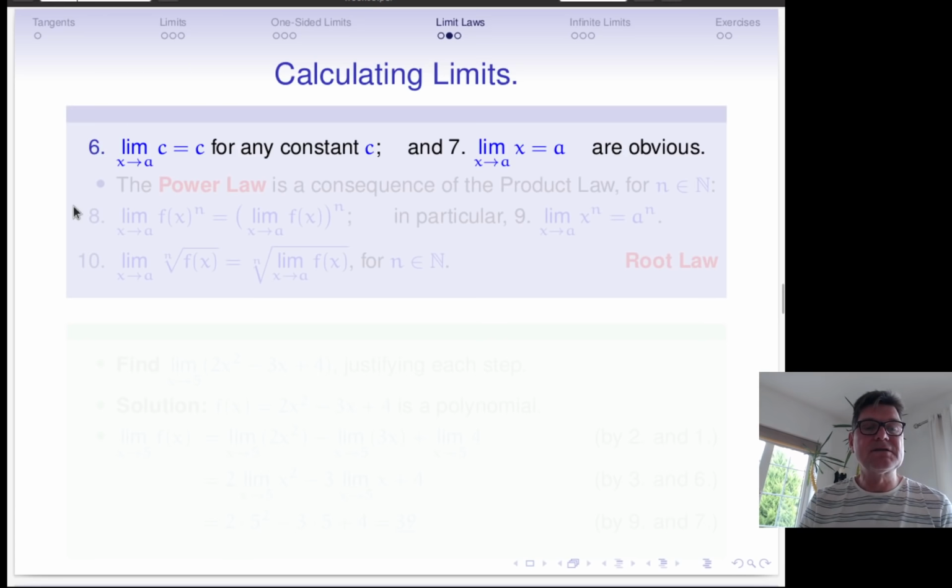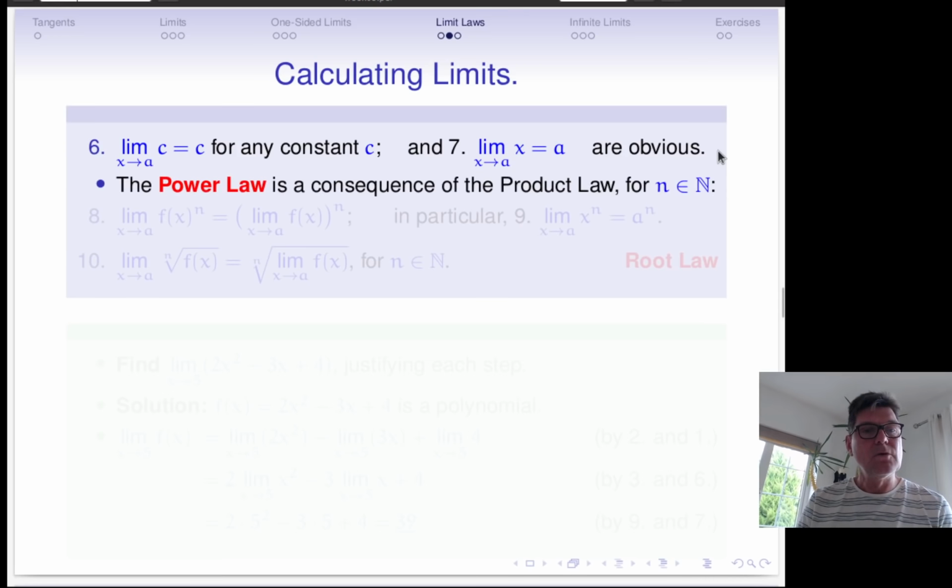Here number 6, the limit of a constant value as x approaches a is that constant, and this constant expression takes the same value along the x-axis, so the limit is that value. And number 7, the limit of just x as x approaches a is a. These rules are sort of obvious. We take them as given.